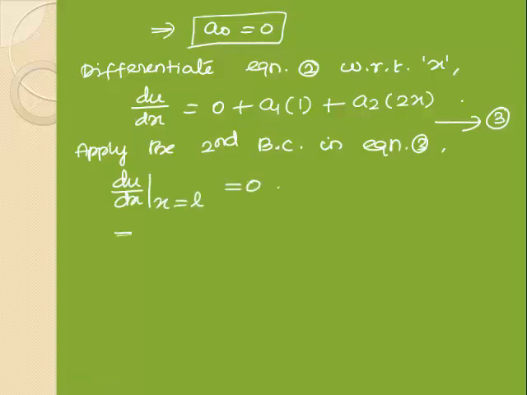So a1 plus a2 into 2L is equal to 0, so a1 is equal to minus 2a2L.